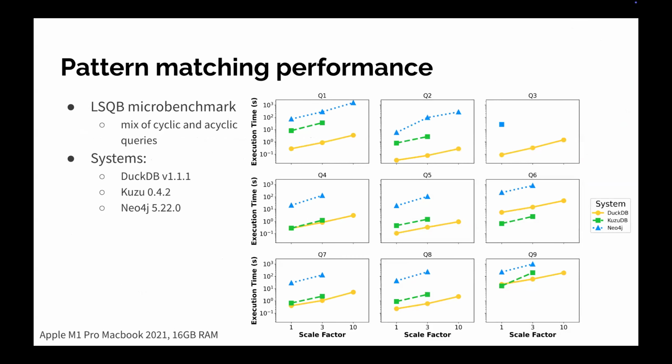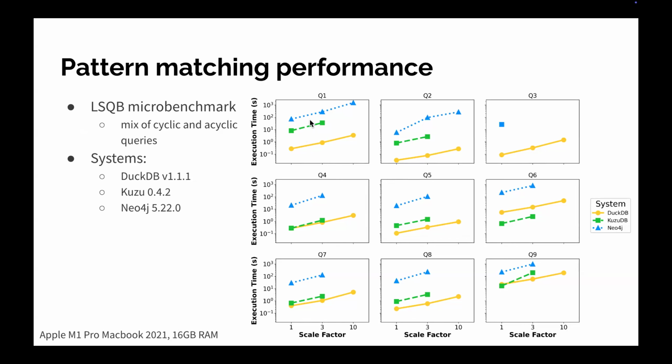In terms of performance, I did a micro benchmark using the LSQB micro benchmark, which is a mix of cyclic and acyclic queries. Gabor mentioned this one early in the day. I used DuckDB, Kuzu, and Neo4j: DuckDB is the yellow line, Kuzu is the green line, and Neo4j is the blue line.